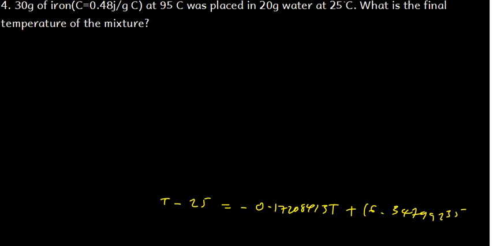So if I bring this one this side, it becomes positive, it adds to the T. So T plus 0.17208413 T gives us 1.17208413 T, and that is going to be equal to, if the 25 goes this side, it becomes positive and it adds to that 16.